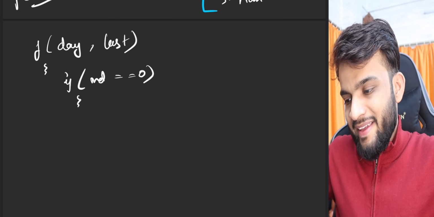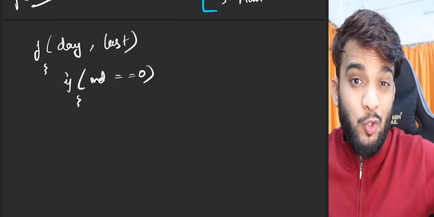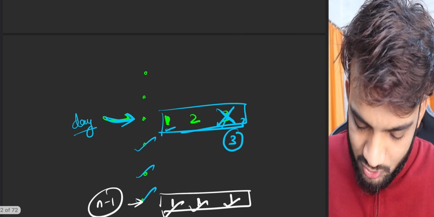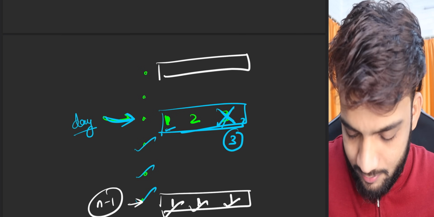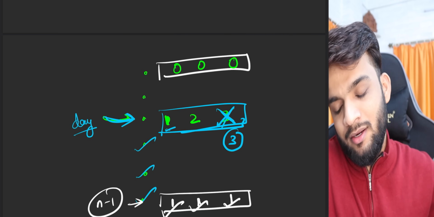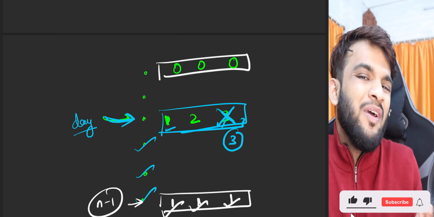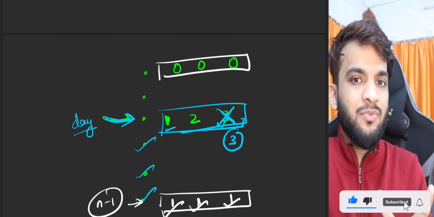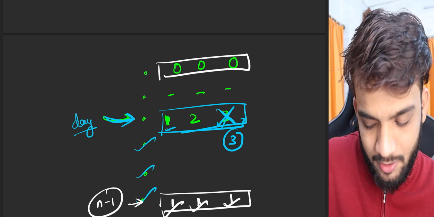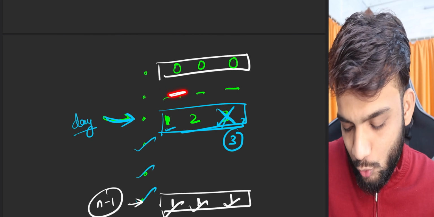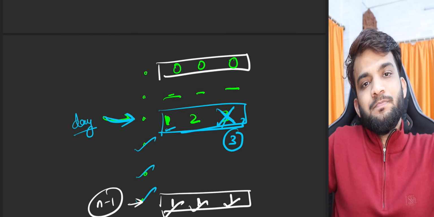Now, if I have reached the 0th index, there will be 3 tasks over here, right? Out of these 3 tasks, you will have to perform the largest one which is not equivalent to whatever you have performed here. Make sense?